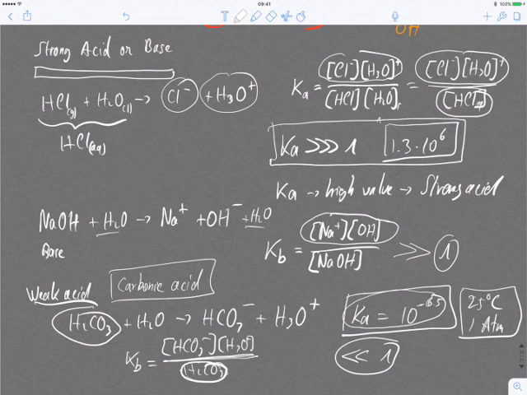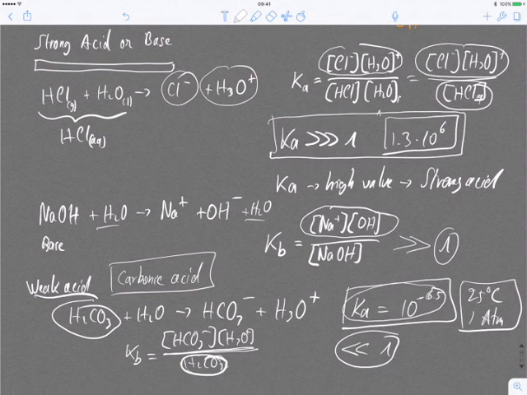So in summary, a strong acid will fully dissociate and leave all the H plus in the solution. The weak acid will let a certain amount of H plus in solution, but keep part of the reactant still in solution and not transform everything into product.